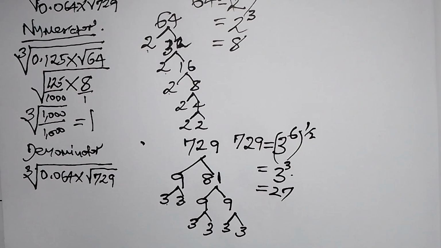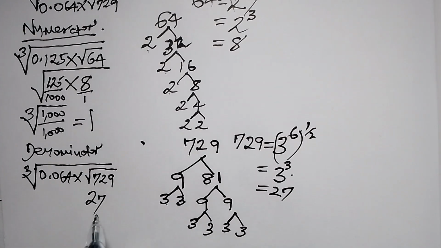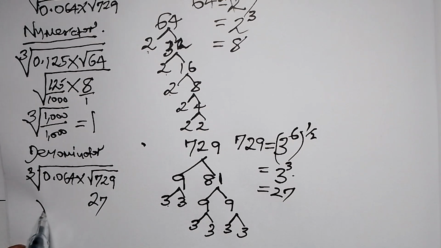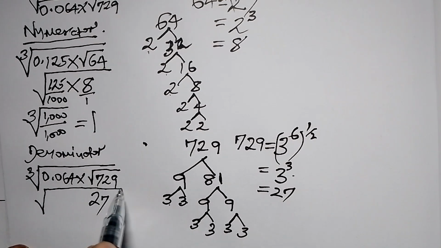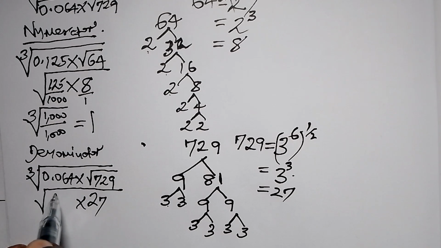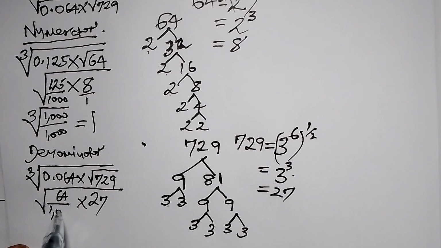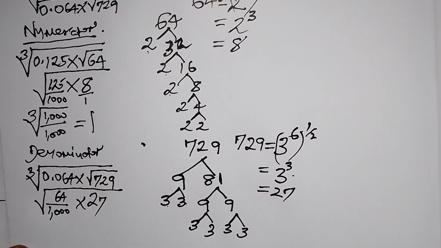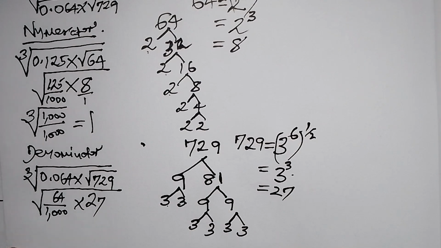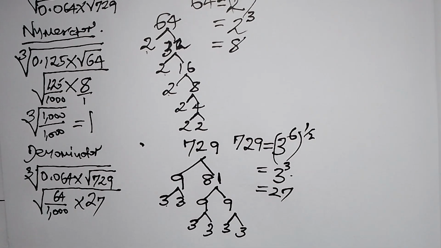So we already know the square root of 729 to be given by 27. So we are going to write 27 here, and again get the cube root of all that multiplied by 64 over 1000. The same case for 64. Of course, we have the cube root there.